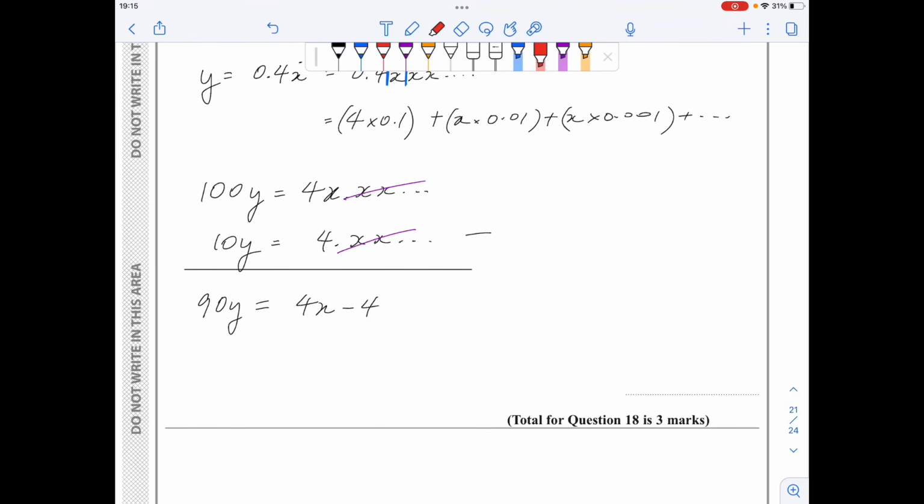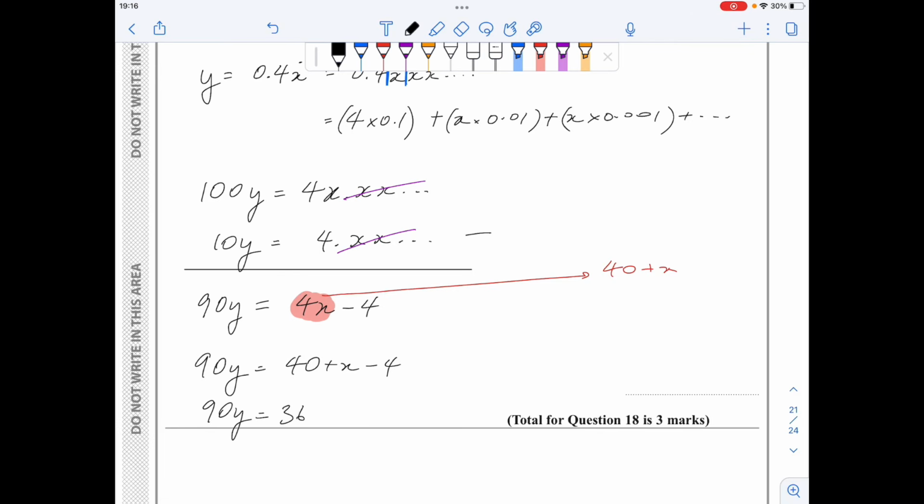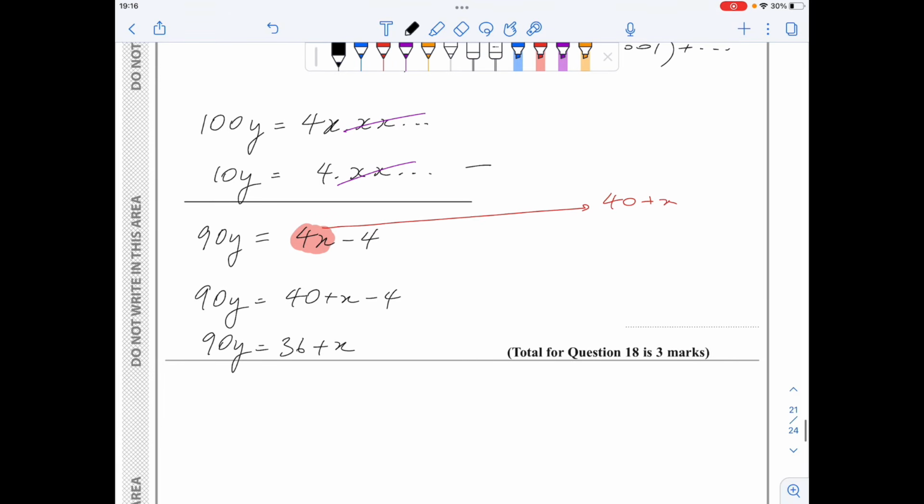Now again, this 4x is not 4 times x, this is 40 plus an extra x, so 90y is equal to 40 plus x minus 4, so 90y is 36 plus x, which means y is 36 plus x divided by 90, and that is my final answer.